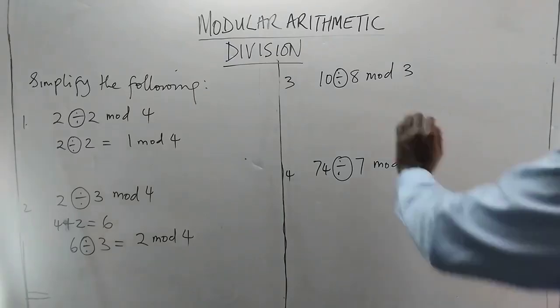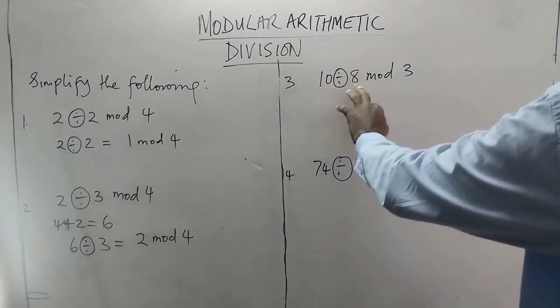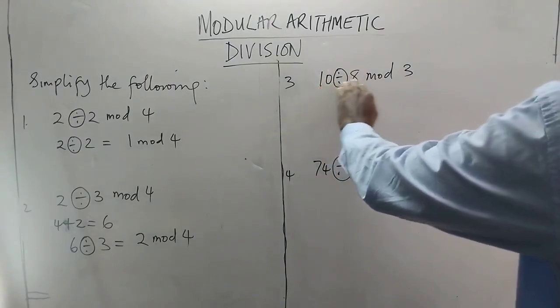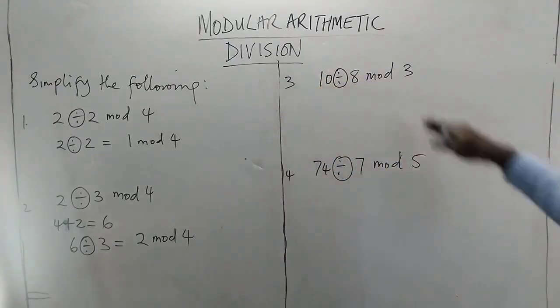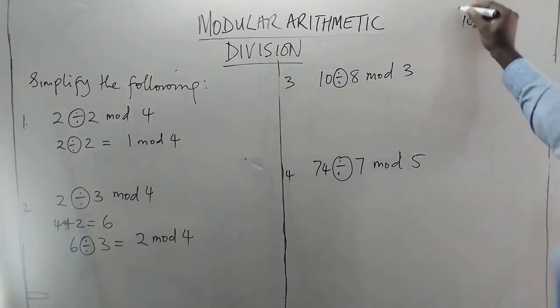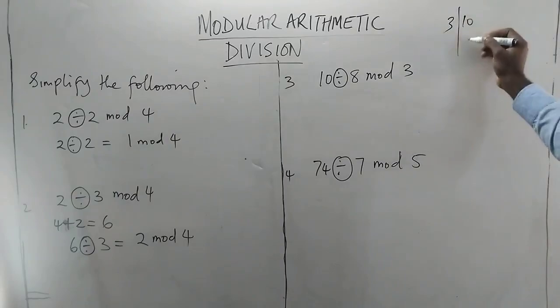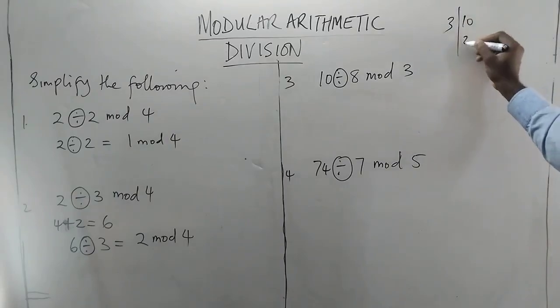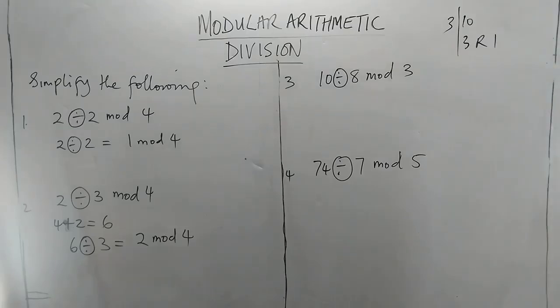Now, the two numbers, both the dividend and the divisor, both of them are not allowed in mod 3. What do we do? Bring them down to the level of that mod. 10 divided by 3 will give you 3 remainder 1.